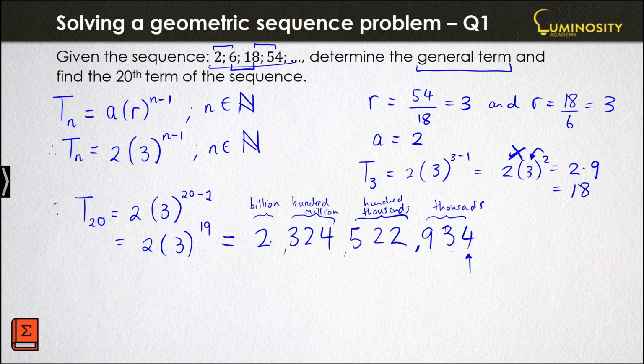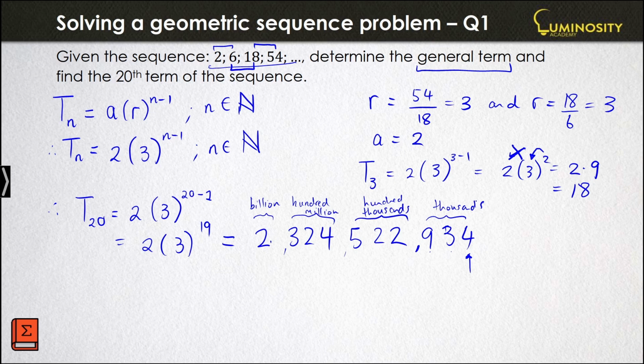So how do I read this monstrosity of a number? Well, it is read as 2,324,522,934. All right, and that is the 20th term of the sequence. That is quite large, and there's actually a little caveat to this.